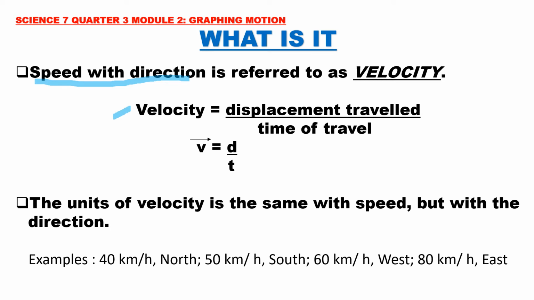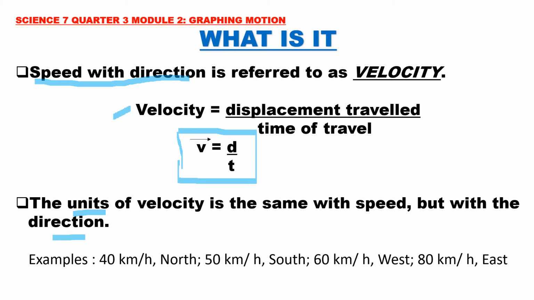In symbols, velocity is a small letter v, tapos may arrow sa taas to indicate na ito ay may kasamang direction, equals displacement travel divided by time of travel. So, ang units natin for velocity is the same with speed, but may kasama siyang direction.